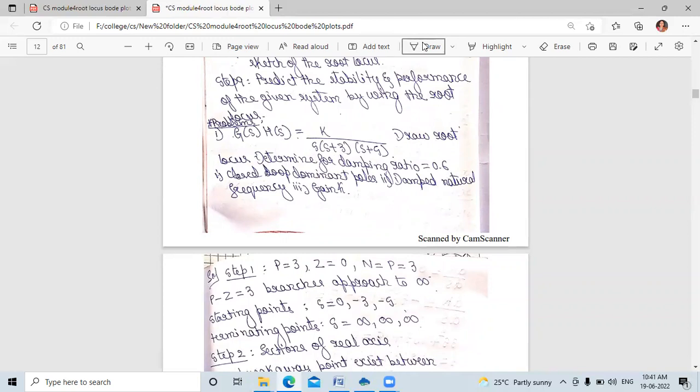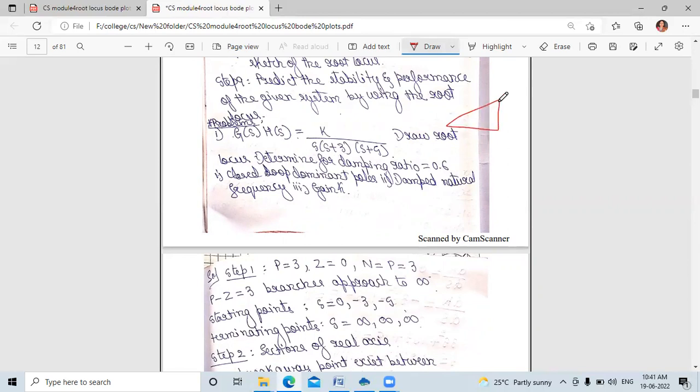So what we need to write here: if you take the triangle, this is the square root of 1 minus zeta square, this is zeta and this is 1. They have given the zeta value, so we want the value of theta.